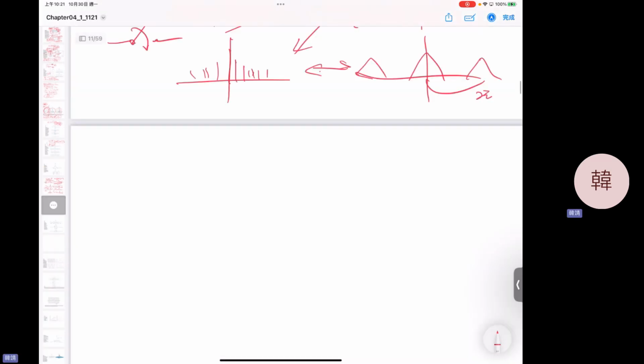So we are going to discrete time signal. When it becomes a discrete time signal, we call it discrete time Fourier transform. So it's step by step.